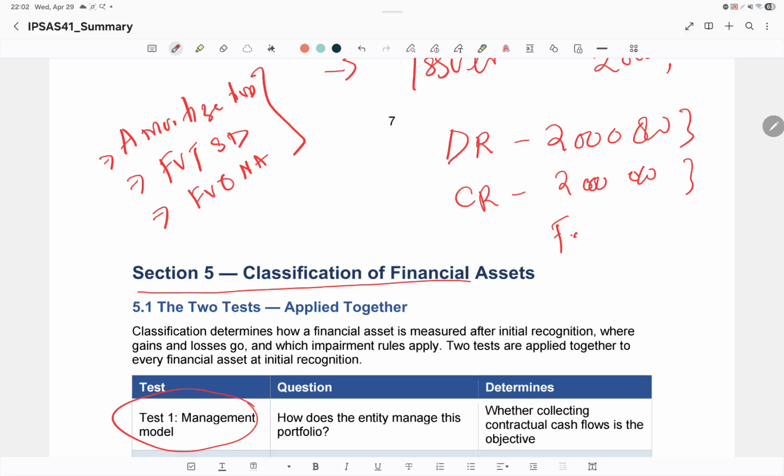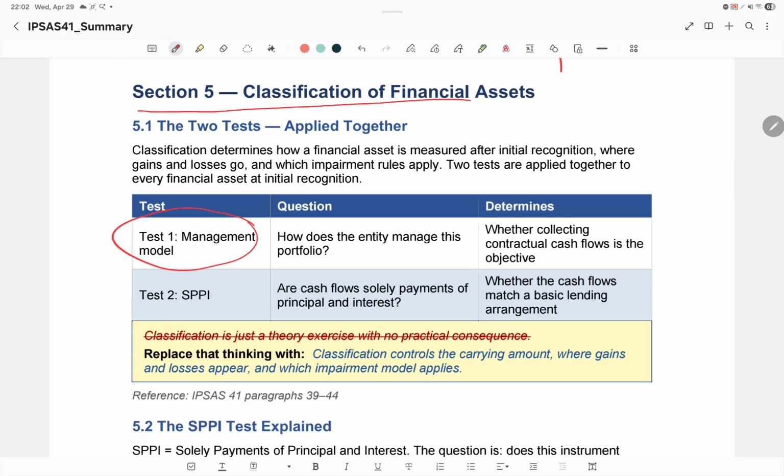You have gone to the bank, you have borrowed a loan, you are given a certain amount. What does the bank expect? The bank expects that you pay back the amount they have given you in the form of principal and interest. So what SPPI talks about is just that, the principal and interest.